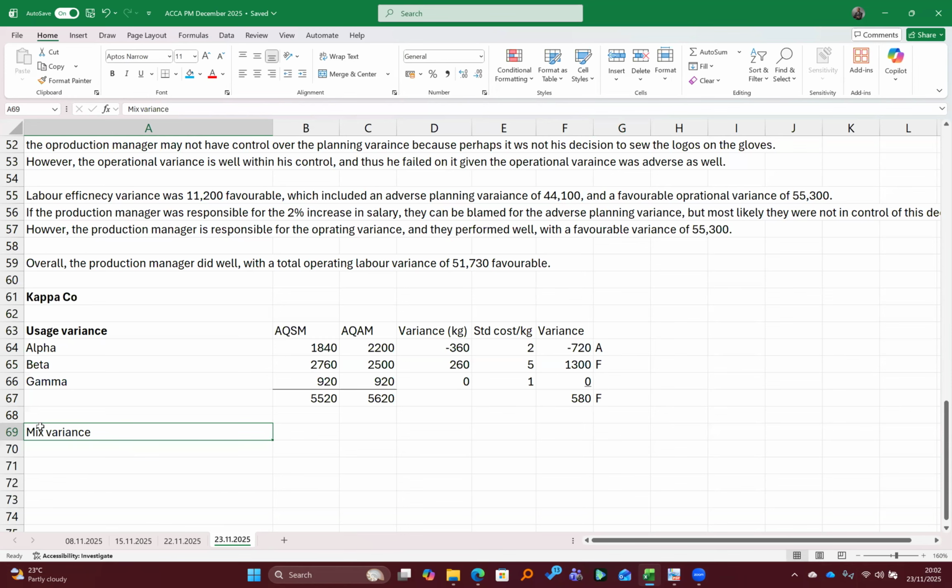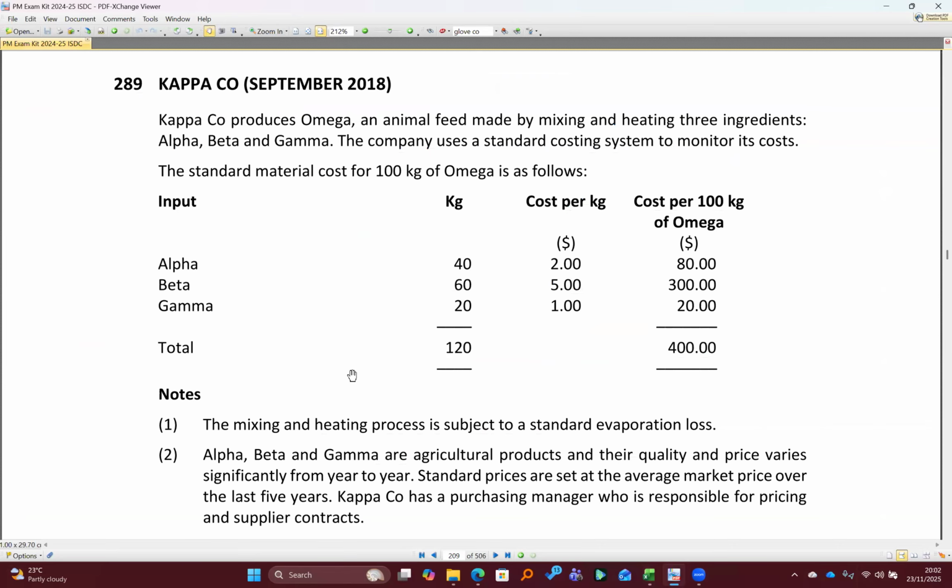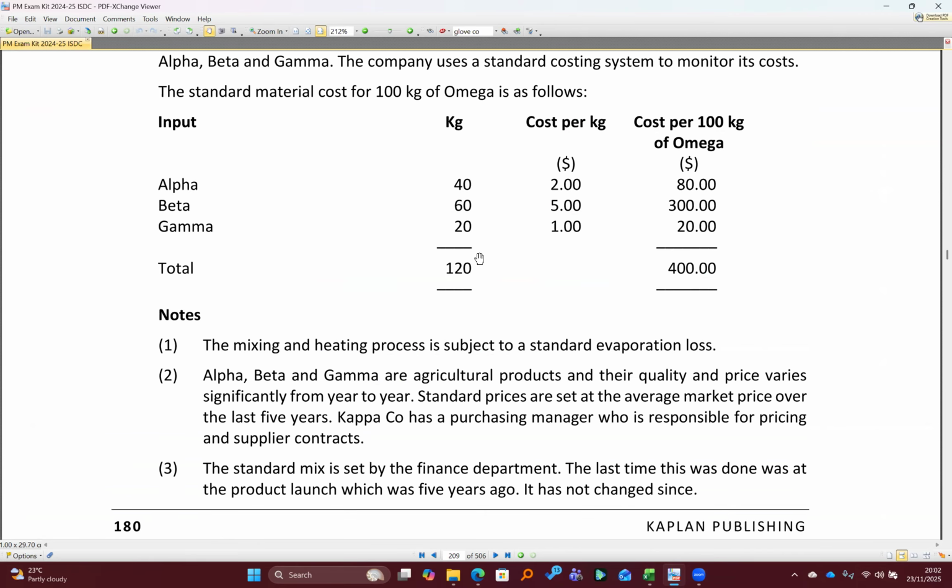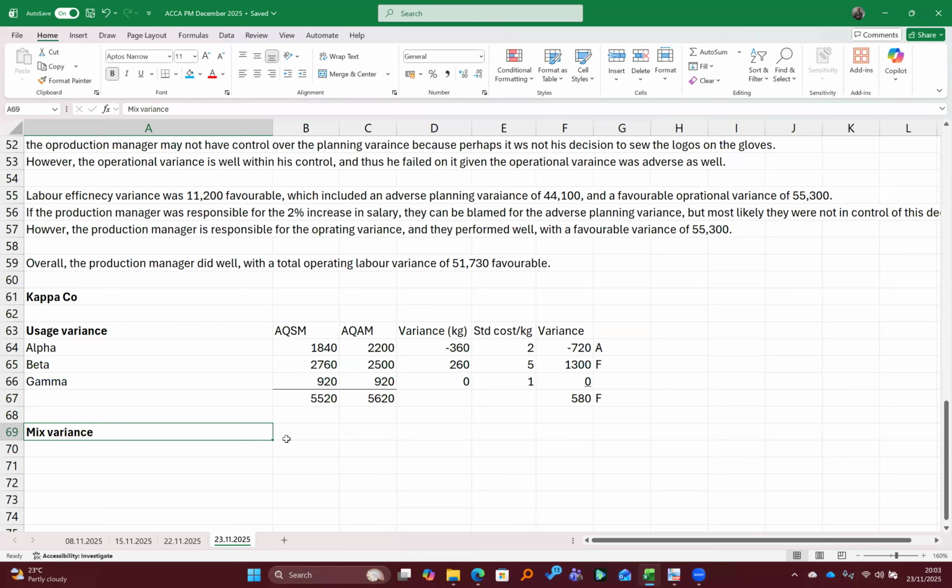Now for the mix variance, what we are saying is, had we used 40, 60, 20 in this proportion, what would have been the actual production and the cost? Because here we look at the actual quantity, but for the standard mix.